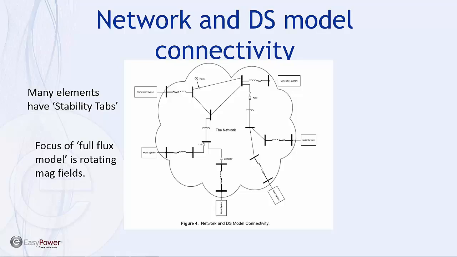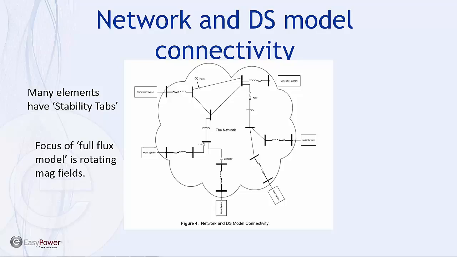Relays, fuses, protective devices, even transformers may be affected by the change, but the elements that are interactive and most influential in what the change in the PowerFlow solution will be are the motors and the generators. When we get into the actual EasyPower tools, most of the elements have a stability tab, and we'll talk about what that means.